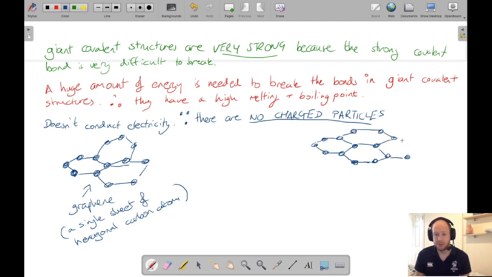There we go, much better. Then we'll have a second layer here. The idea for graphite is it's pretty much exactly the same structure as graphene, only there are loads of layers of it. They've got another layer down here.